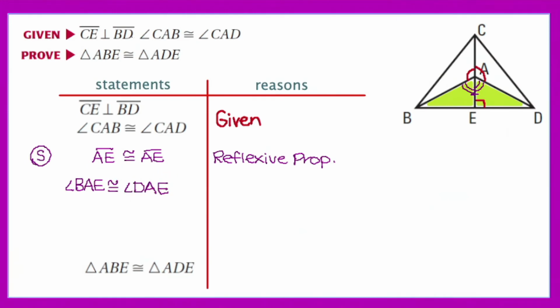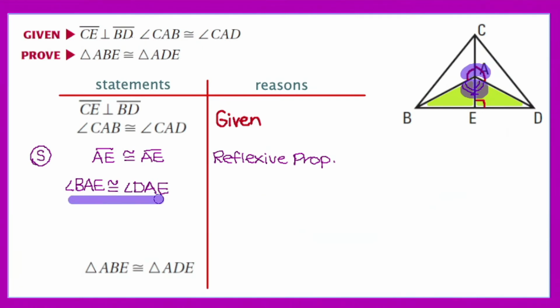So here's where I think I can claim that those are congruent. Would you agree that these two angles over here are supplementary since they're a linear pair, and these two angles over here are supplementary since they're a linear pair? That's just the linear pair postulate. And there's this old theorem that says if two angles are supplementary to the same angle or to congruent angles, then they are congruent to each other.